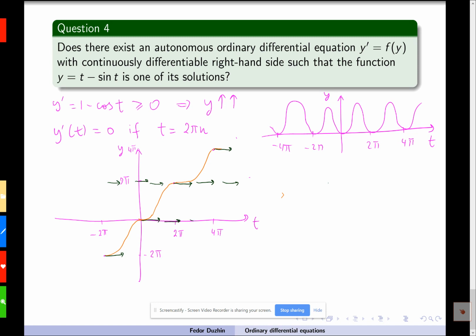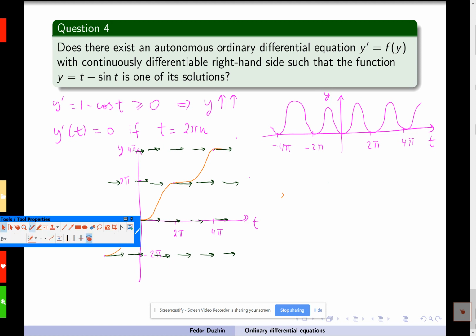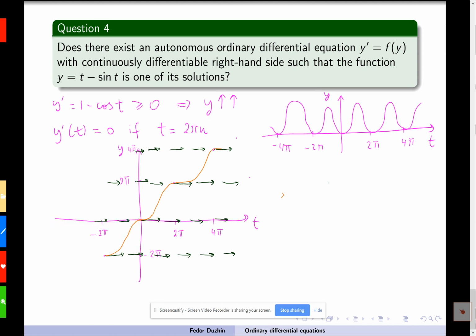It is going to be horizontal for all values of t when y equals 0, when y equals negative 2 pi, when y equals 4 pi, and so on. All right, so let me write it down. This is extremely important. This is key to the solution.